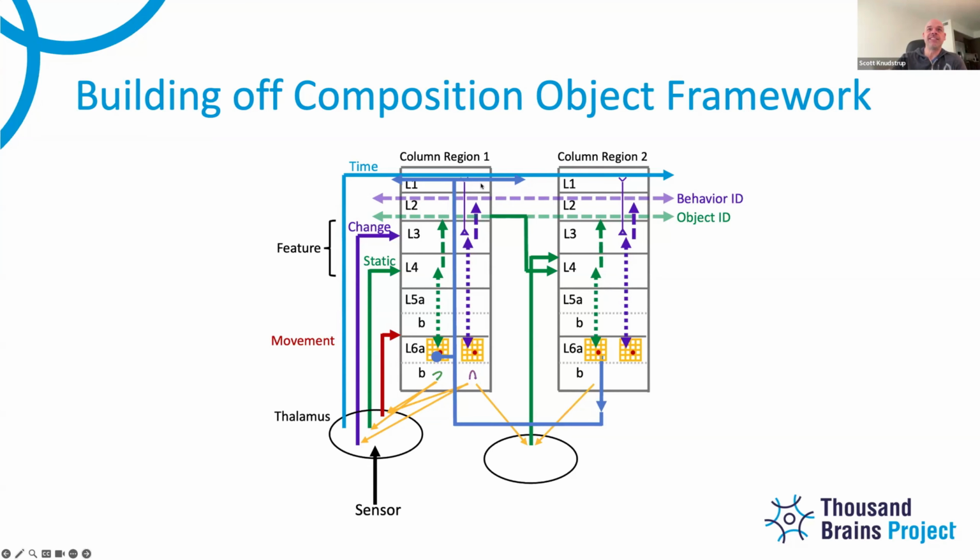We also have a timing signal coming in from the matrix cells, and that comes into layer 1, which we need for the behavior model. And essentially on the next layer up, in addition to relays through higher order thalamic nuclei, we have direct connections that basically map feature changes into the object model.